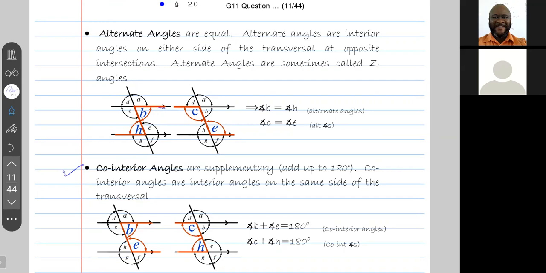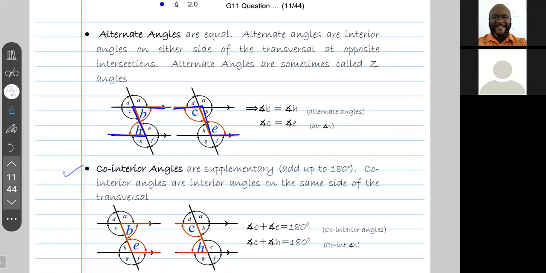The angles formed here are B and H, and the angles formed here are C and E. So B and H are alternate angles, C and E are alternate angles, and alternate angles are equal.